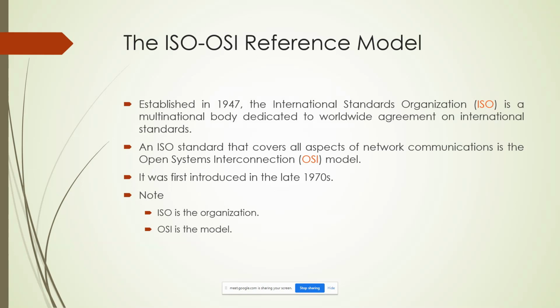ISO stands for the International Standards Organization, and OSI means Open Systems Interconnection. Just remember this name very carefully. Why it is called open, why it's an open standard, we will discuss later in the session. It was first introduced in the year 1970.